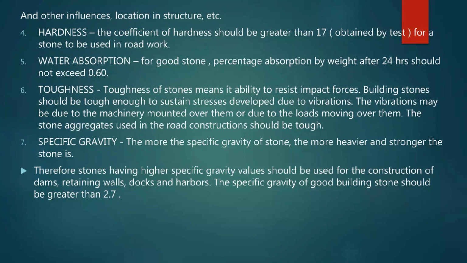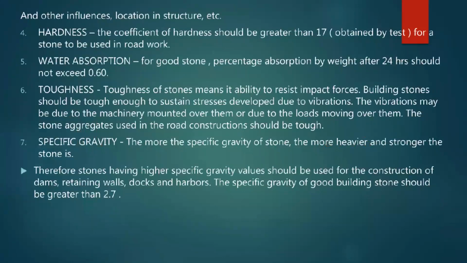Specific gravity: the more the specific gravity of a stone, the heavier and stronger it is. The specific gravity of a good building stone should be greater than 2.7. These are the classification of stone, the criteria for a good building stone, and the selection of good building stone.